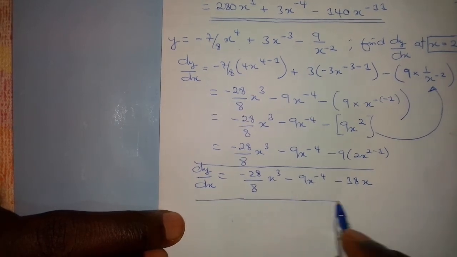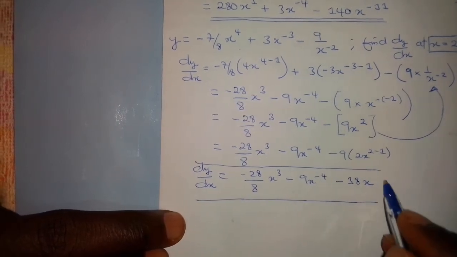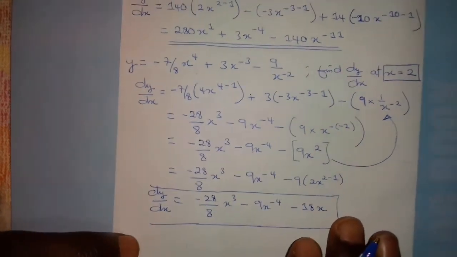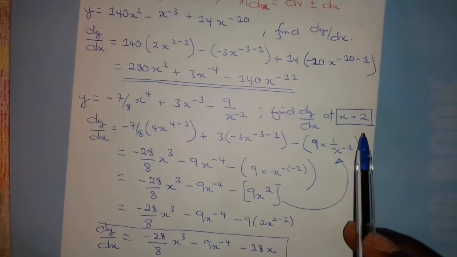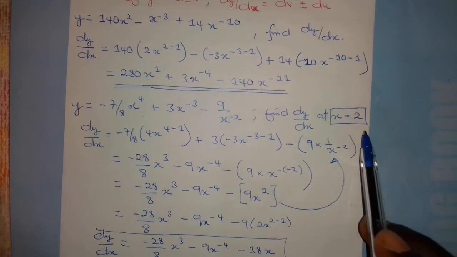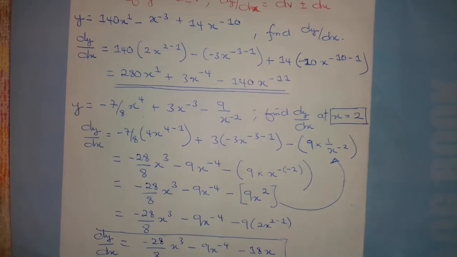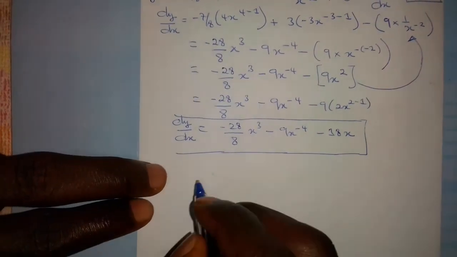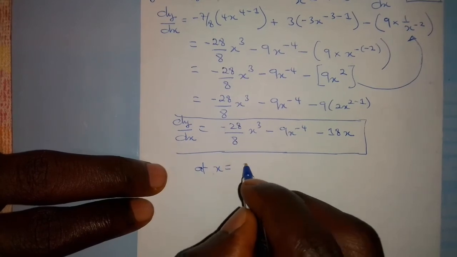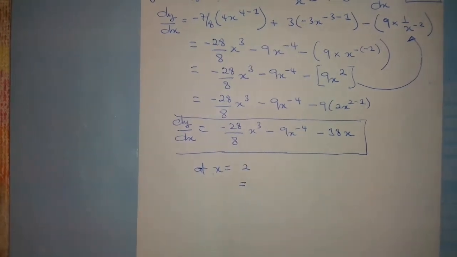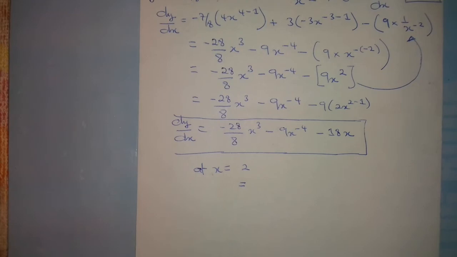But then we need to differentiate this at x equal to 2. Remember, there was a question we were asked here that we should differentiate it with respect to x at x is equal to 2. So if we were to differentiate that at x is equal to 2, it's just to put 2 wherever we see our x.